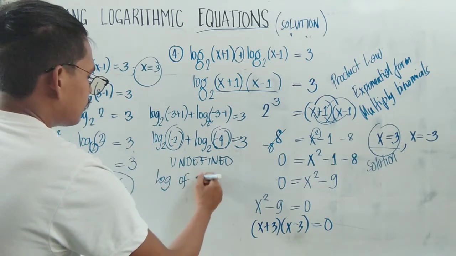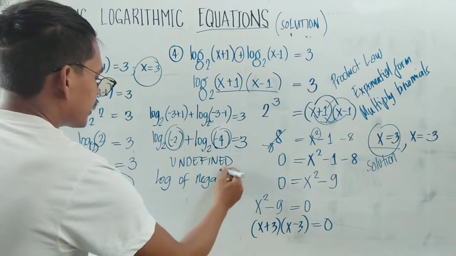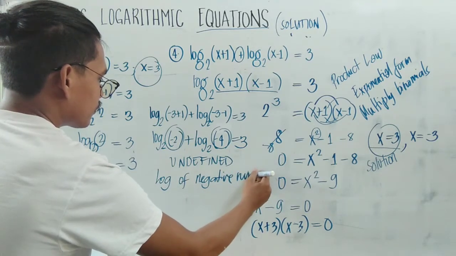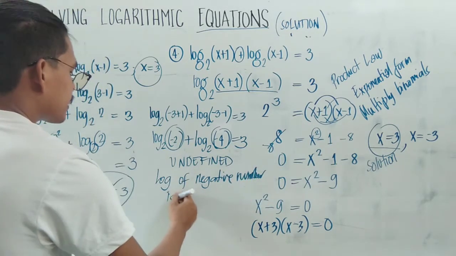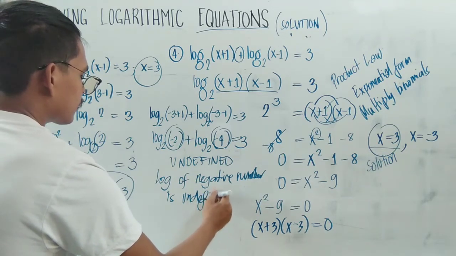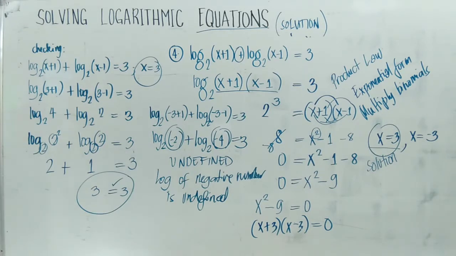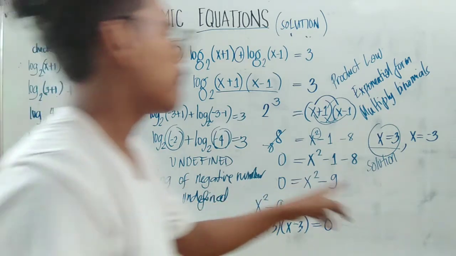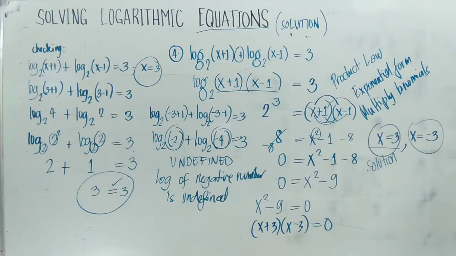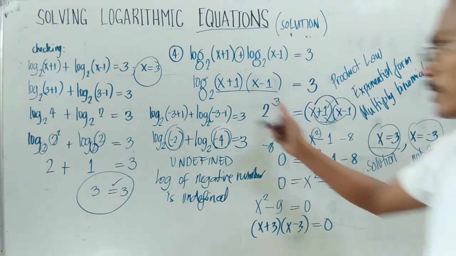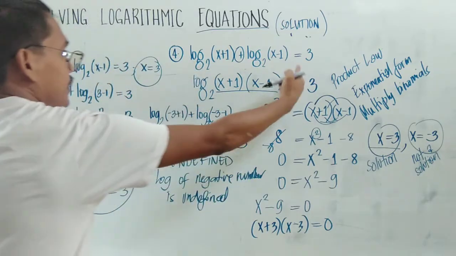The log of any negative number is undefined. So therefore, x equal to negative 3 is not a solution. So x equal to 3 is our only solution to the logarithmic equation.